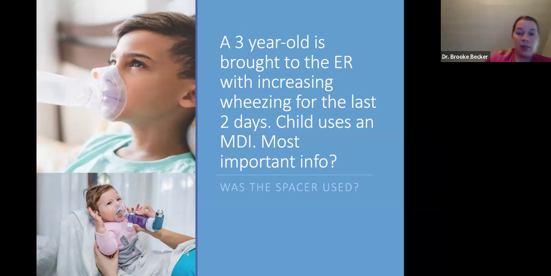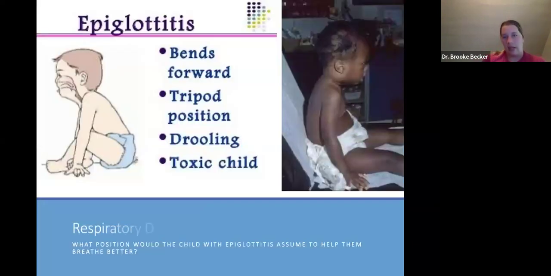If they did not use their spacer, that would be the first thing that needs to happen in the ER is utilize a spacer with their metered dose inhaler and see if that calms their wheezing down better. Kids should always use spacers with inhalers. Actually, it's been recommended now that even adults use spacers with their inhalers to absorb their medication better.